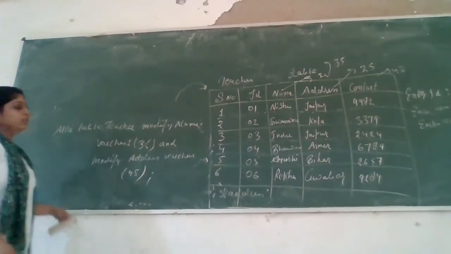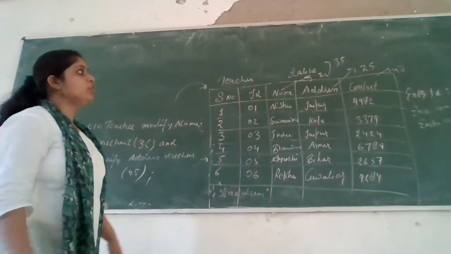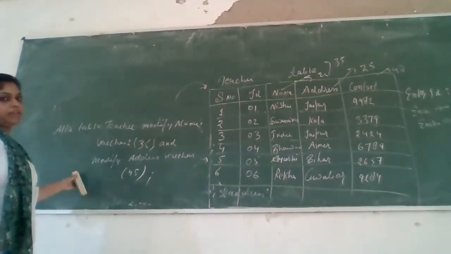Clear? So now you have a name which includes 35 characters and an address which includes 45 characters.